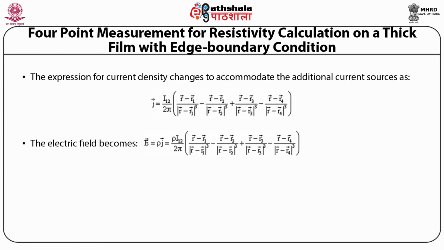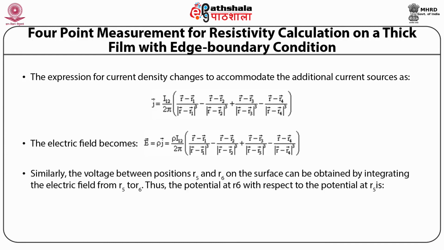This equals rho into I12 divided by 2 pi into, within the brackets, vector R minus vector R1 divided by the cube of modulus of vector R minus vector R1, minus vector R minus vector R2 divided by the cube of modulus of vector R minus vector R2, plus vector R minus vector R3 divided by the cube of modulus of vector R minus vector R3, minus vector R minus vector R4 divided by the cube of modulus of vector R minus vector R4.